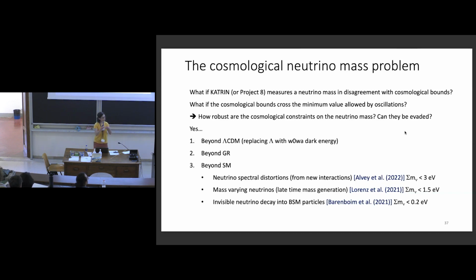You say changing the lambda CDM model, but we have also other ingredients. First of all, we have GR, so basically we can also change GR. We can also change neutrino physics, so for instance we can have neutrino interactions or decaying neutrinos. So as a disclaimer at the beginning, I say this is true in lambda CDM, with standard neutrino physics and in GR.